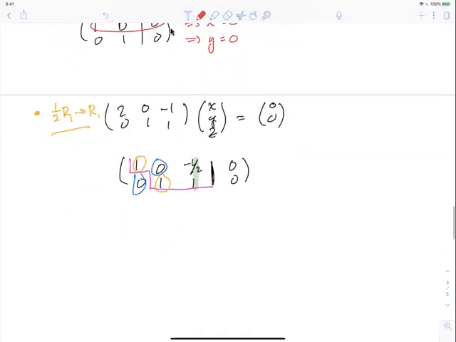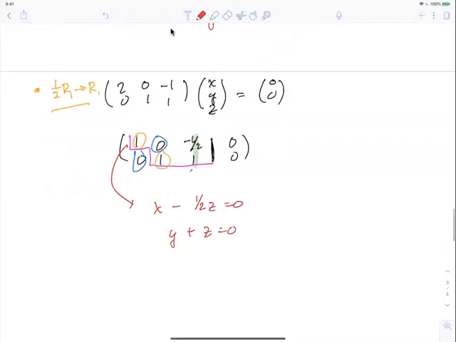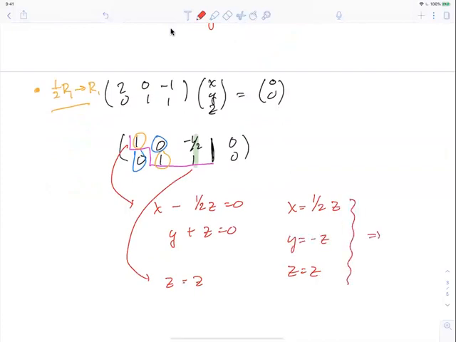This top equation translates as 2x minus 1/2 z equals 0 and y plus z equals 0. This is a free variable, so that's going to be z equals z. And if we solve for x and solve for y, we can put this in geometric form. So this is going to be 1/2 minus 1 times z.